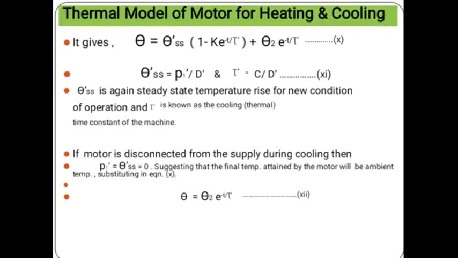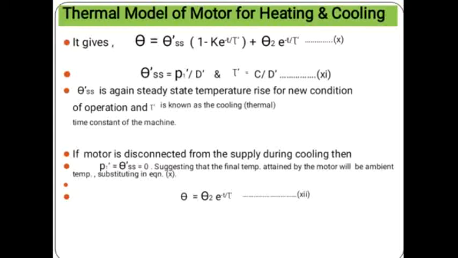That is our tenth equation, and we can write θ dash ss equals P1 dash divided by capital D dash and tau dash equals capital C divided by capital D dash. That is our eleventh equation.